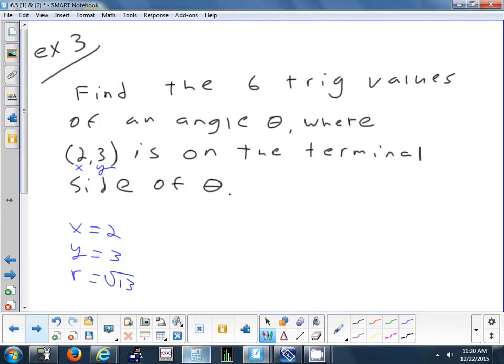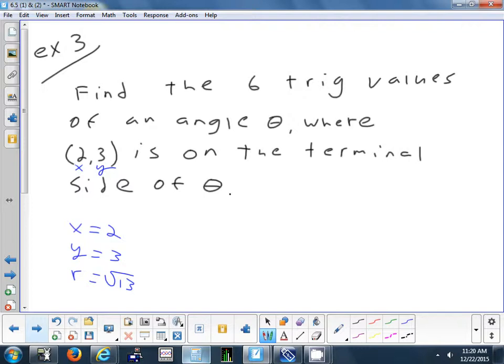Three squared is 9, 2 squared is 4, 9 plus 4 is 13. Take the square root. And that's really it. That's the only extra step to doing your trig. If you want to think of it as a circle with x's and y's, you just have to find r first. But it's really the same thing as opposite and adjacent. It's just that you're thinking of it as a graph rather than just as a side in a triangle.